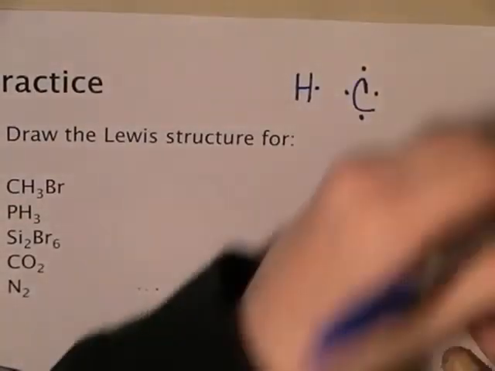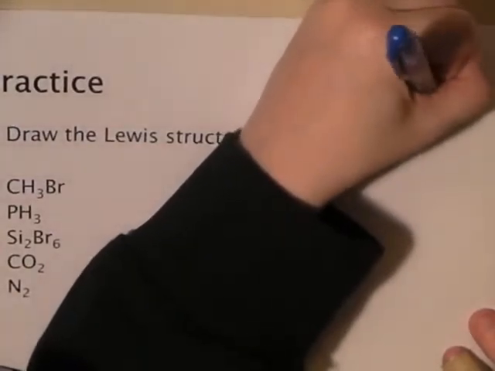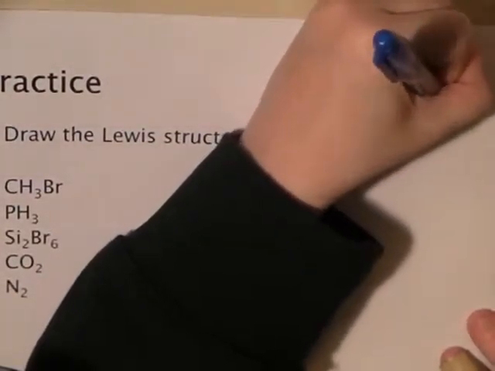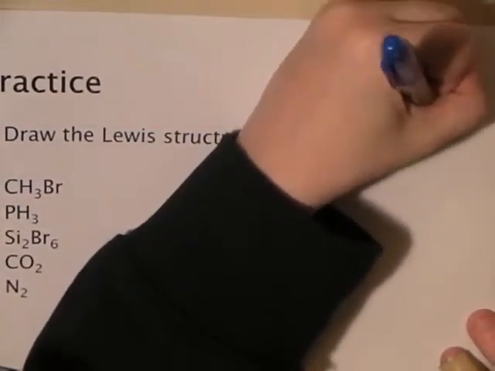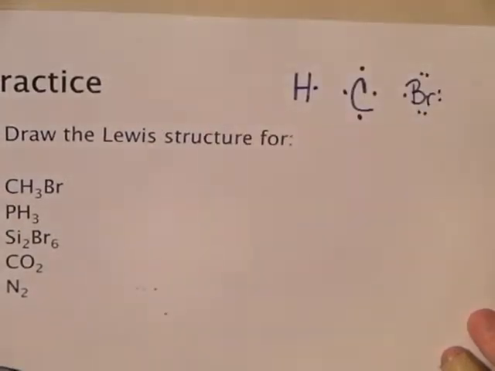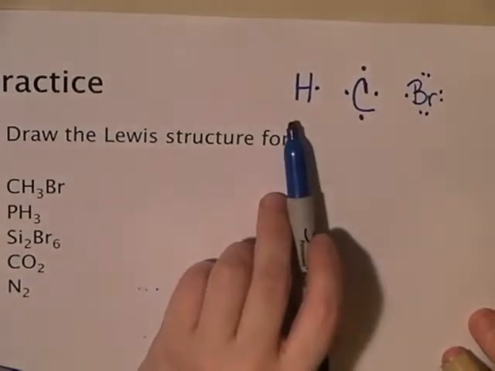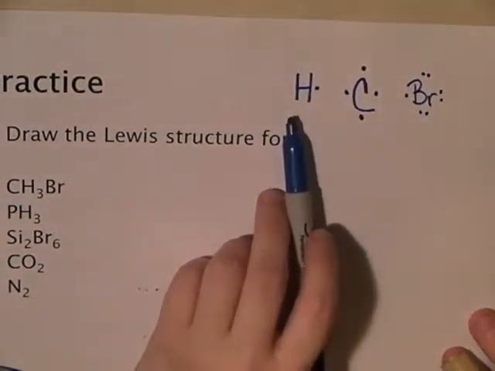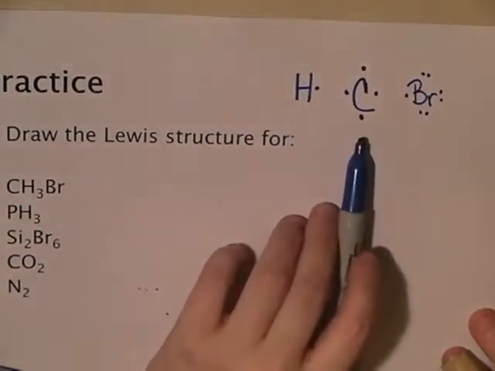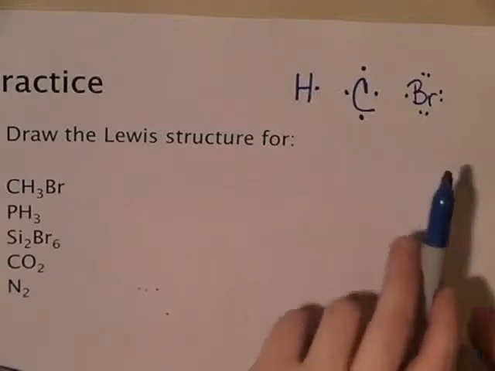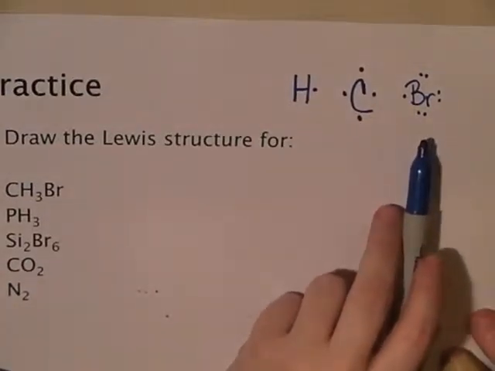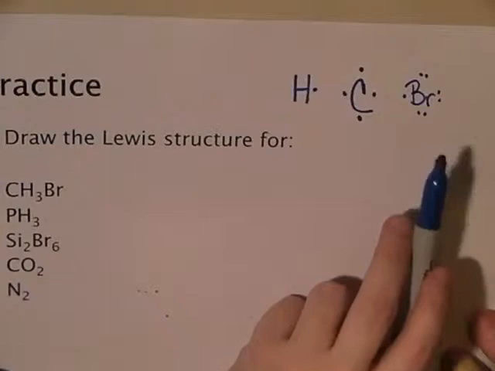And then bromine. How many valence electrons does bromine have around it? Hopefully you are looking at the periodic table and you are deciding it has 7. So, how many bonds can each hydrogen form? 1. Good. How many bonds can the carbon form? 4. Great. And how many can the bromine form? 1.